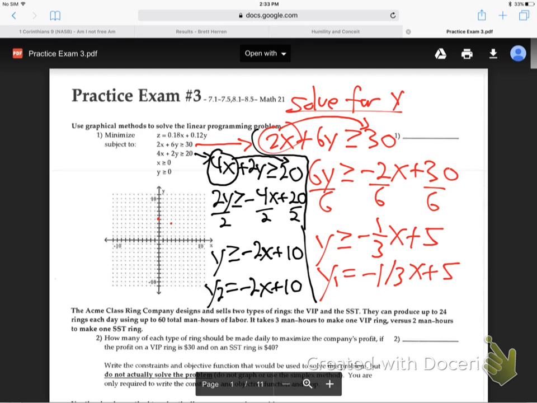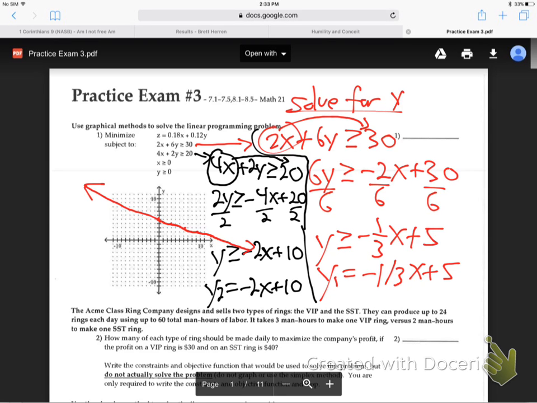Down 1 over 3, and down 1 over 3 again. Yeah, so it's sort of headed down like this. The red one.